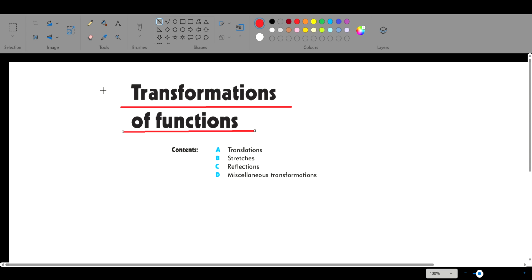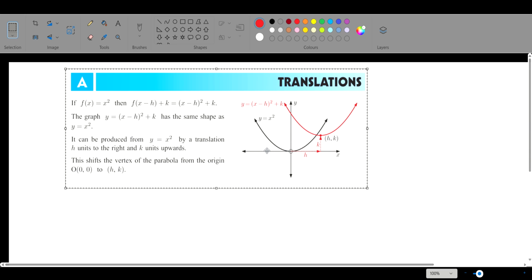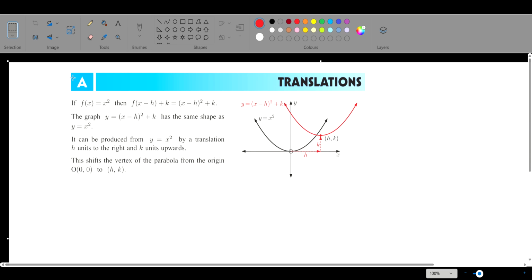This is what just happened, and that is called translation. The first thing we are talking about, let's take one by one, is translation.